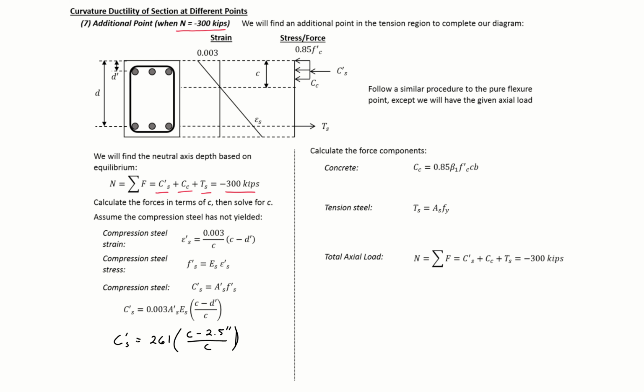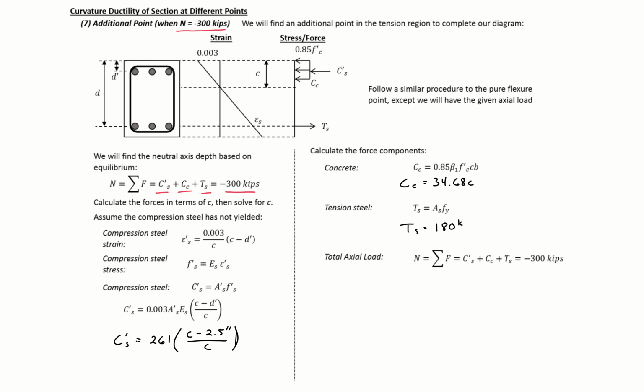Our concrete force, again, we did this earlier, is just going to be equal to 34.68 times c. And our tension steel force is equal to 180 kips because our steel is yielded.